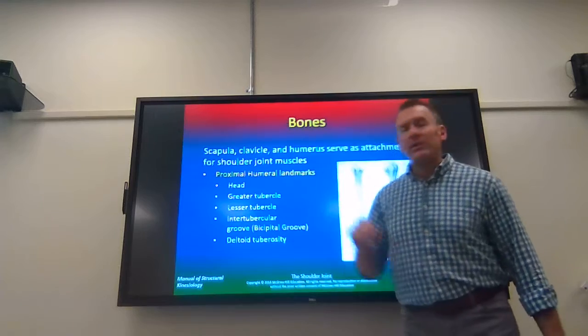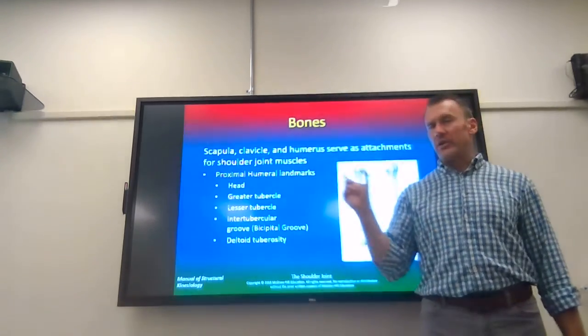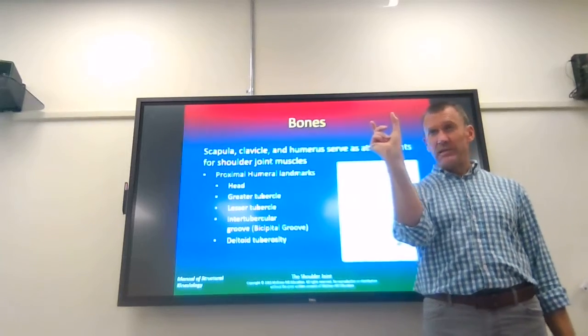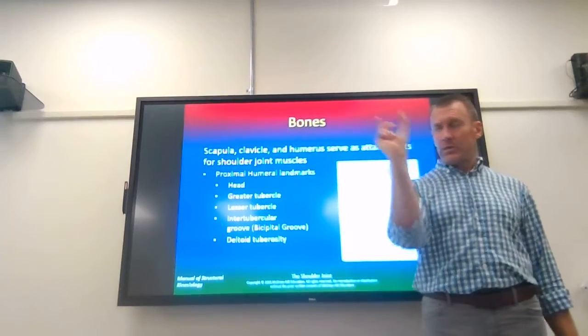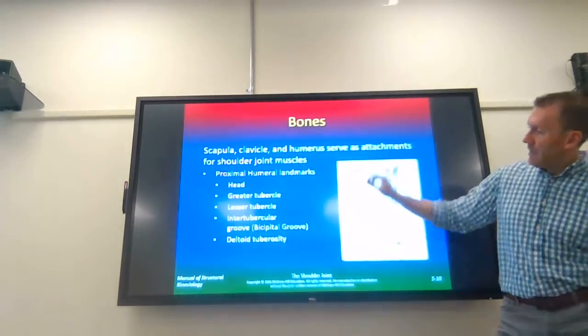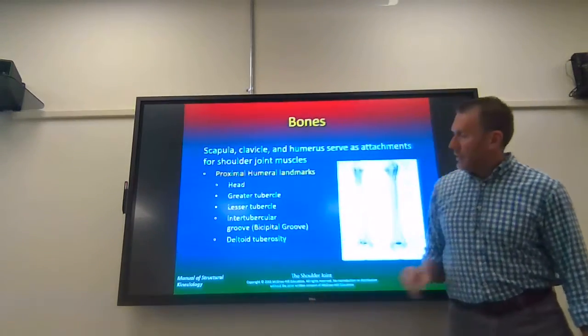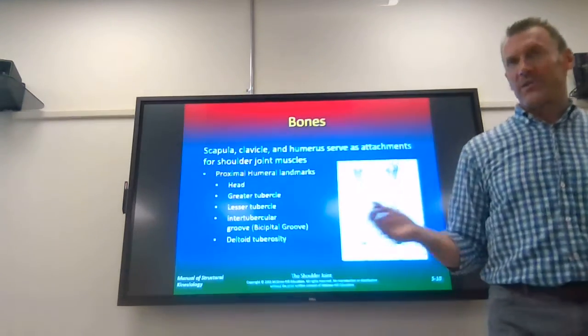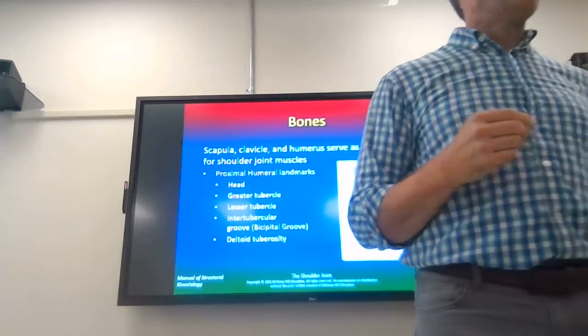Intertubercular groove. What does inter anything mean? Inter. So it's inside or maybe between something. So inter, between the tubercles. So between the greater and lesser tubercle we have this intertubercular groove, sometimes called the bicipital groove. So what muscle do you think is associated with that? Yeah, biceps brachii.